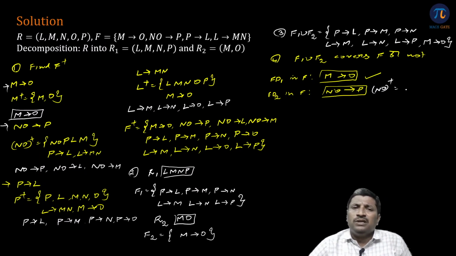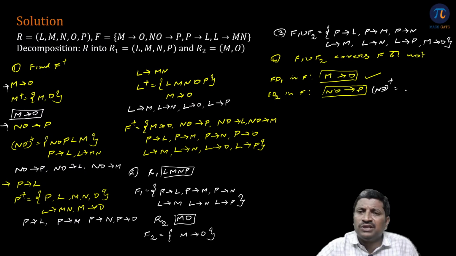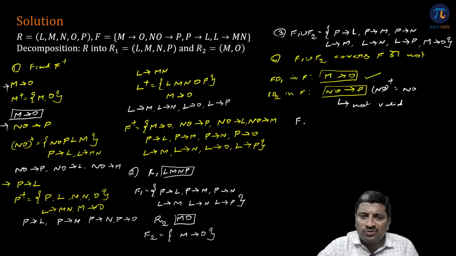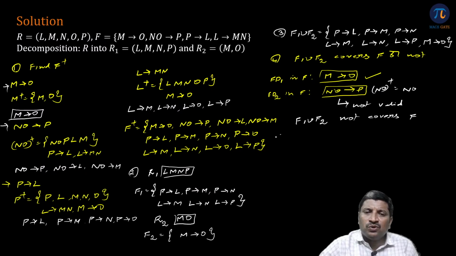Please check it. NO closure. I think we will get only NO. Anything else possible? No, sir. So this is not valid. Am I clear, sir? So what is our conclusion? This one does not cover F. So it is not dependency preserving.